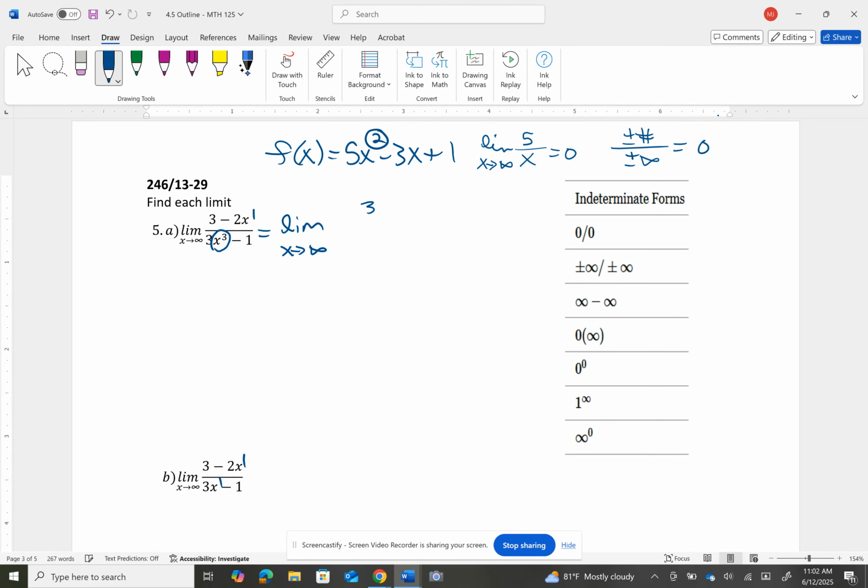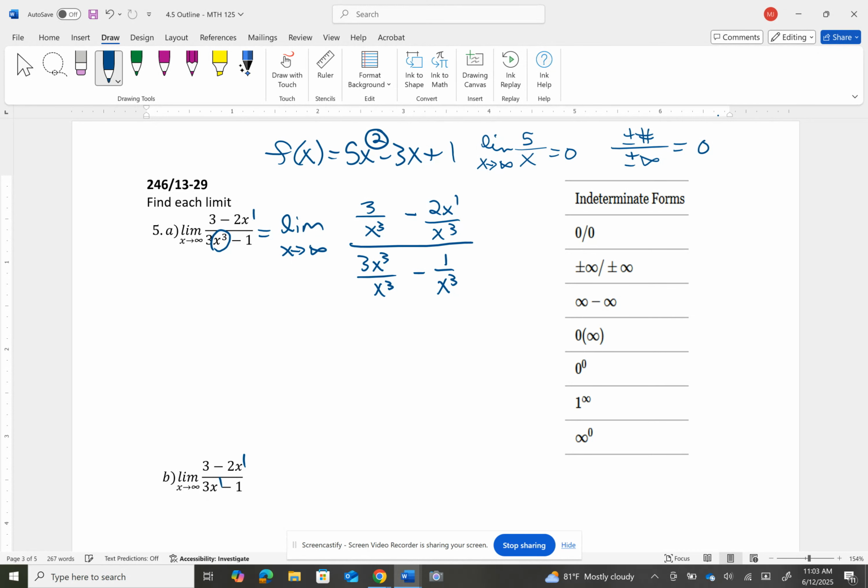If I divide the numerator by x to the third, it gets distributed into both of these terms. And I'm going to do the same thing in the denominator, dividing each of those terms by x to the third. By dividing everywhere by x to the third, what I've written is equivalent to what I had before.